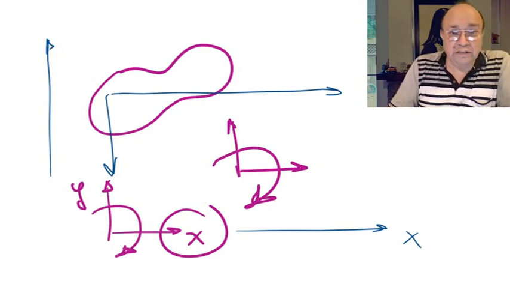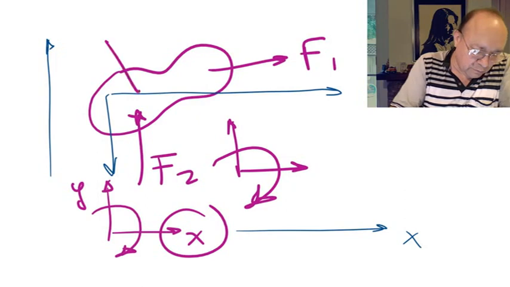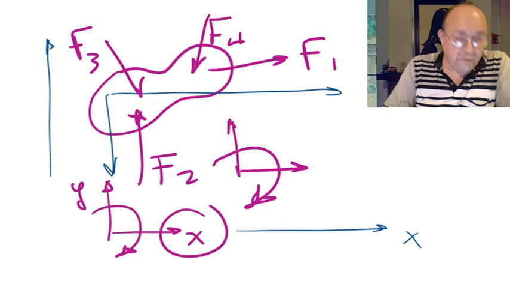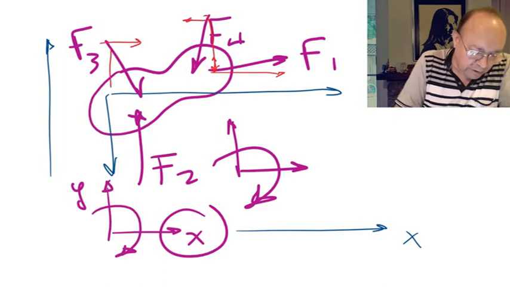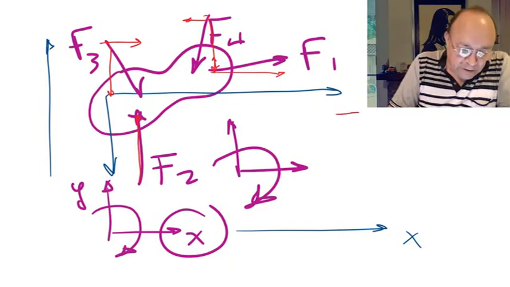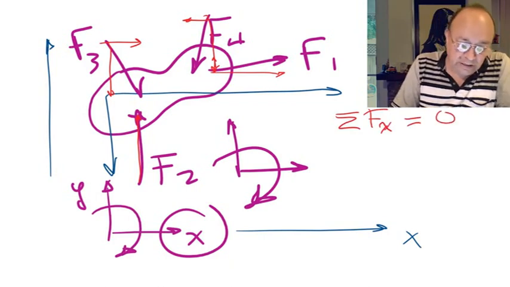As equations, if there are forces applied to the body, force 1, force 2, force 3, force 4, if you take the summation of all the components in the x direction, that summation has to be equal to 0, so there won't be acceleration in the x direction.